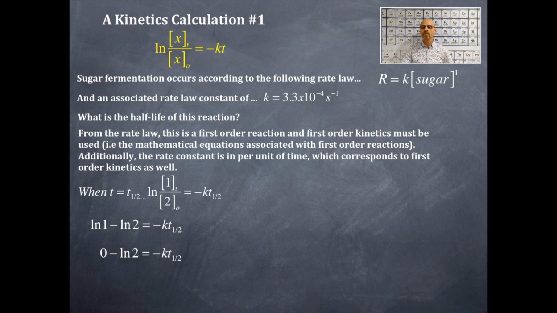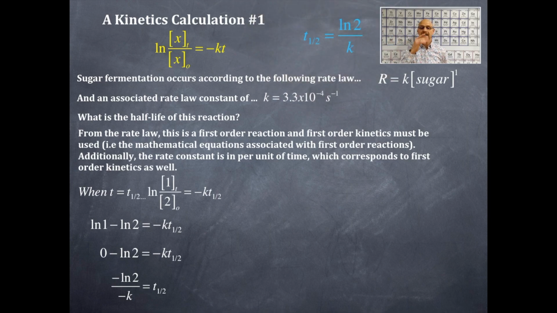Now we're going to solve for t of 1/2. So therefore we're going to divide both sides by negative k. Negative k, not negative key, negative k. All right, and now we have t of 1/2 is equal to negative ln, natural log of 2, divided by negative k. And so now we're going to get rid of those negative signs, and what do we got?